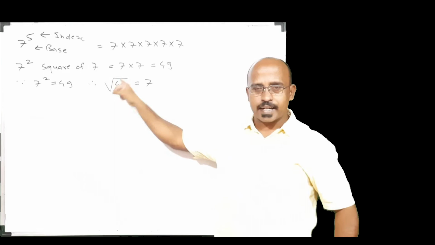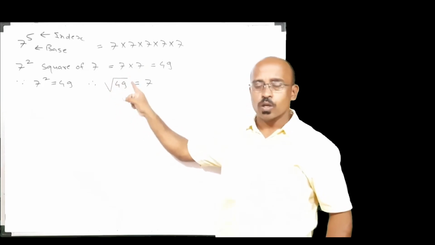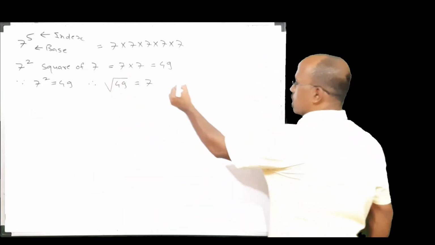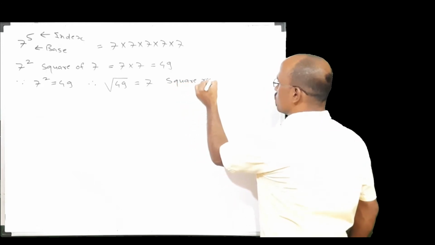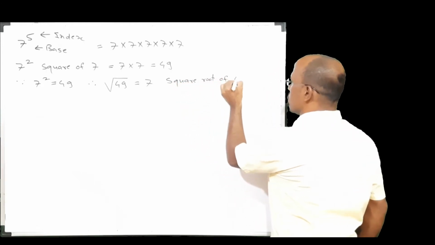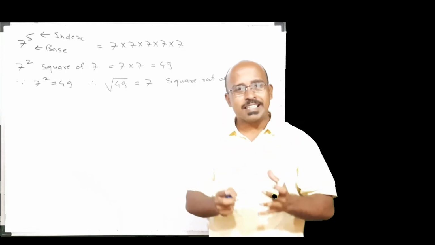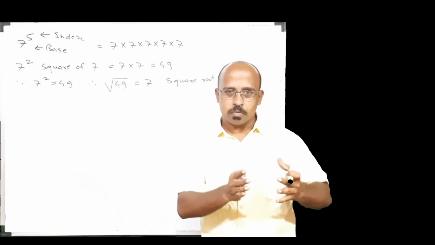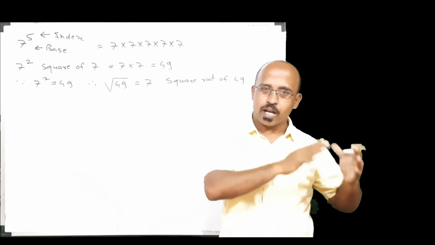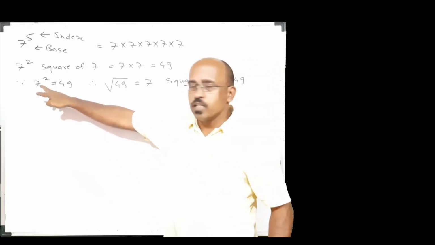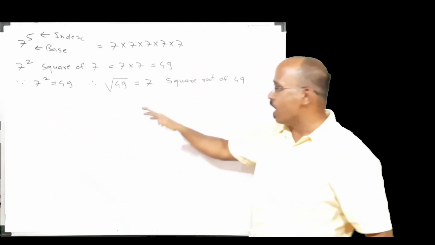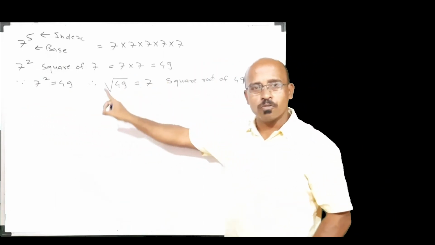This sign is called the radicand sign, pronounced as square root. It's like Amitabh is father of Abhishek and Abhishek is son of Amitabh. 49 is square of 7 and 7 is square root of 49.